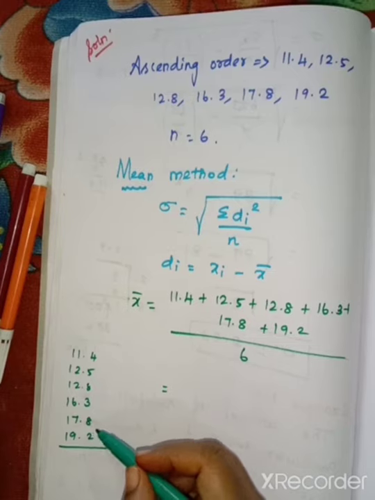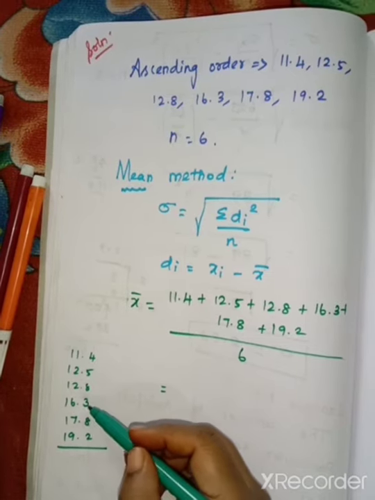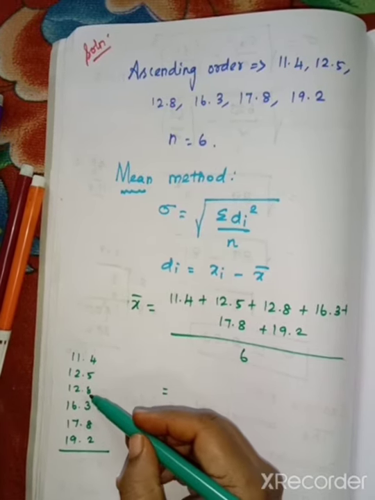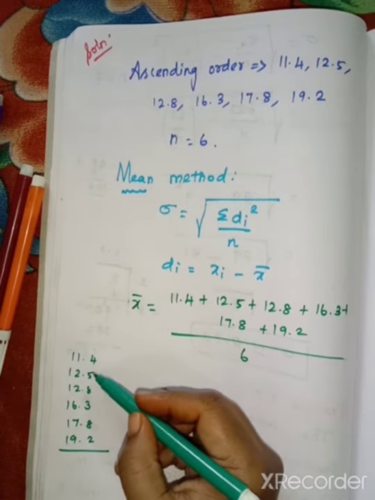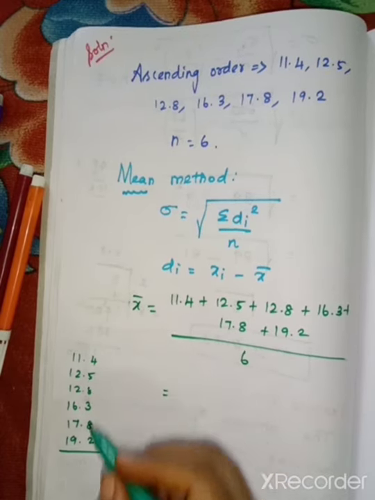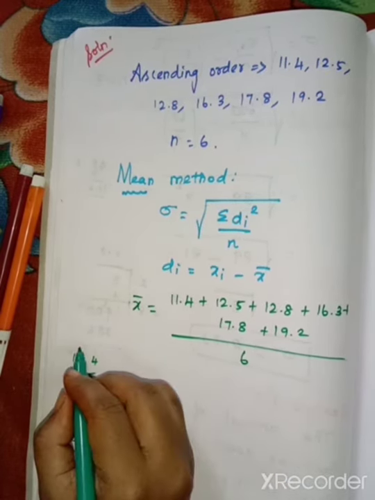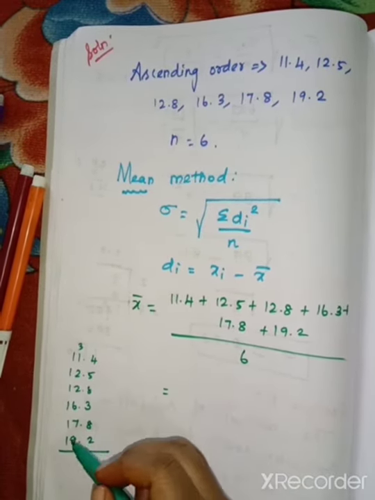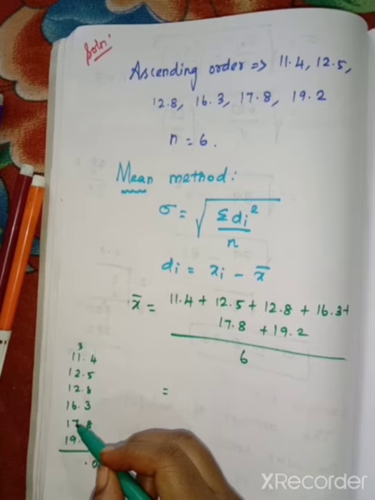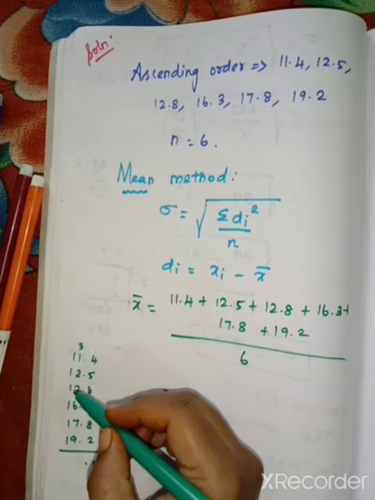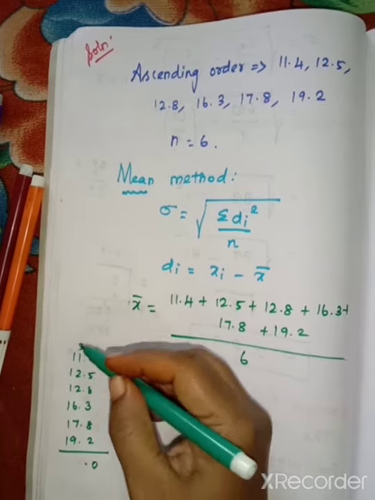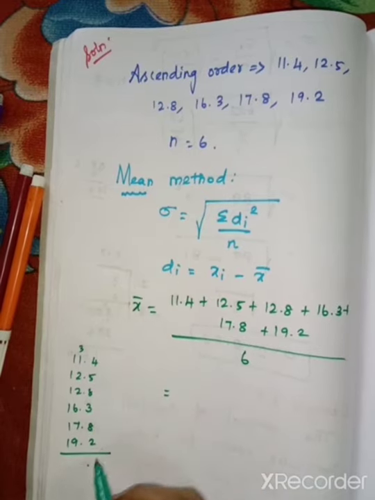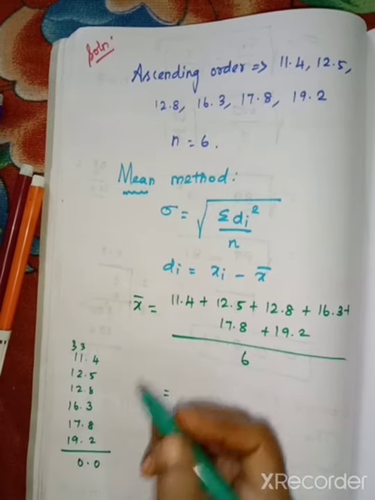So 11.4, 12.5, 12.8, 16.3, 17.8, 19.2. If we add the decimal digits: 8 plus 2, 10, 10 plus 3, 13, 13 plus 8, 21, 21 plus 5, that is 26, 30. The remaining 3 we keep as carry. Now add the next column: 9 plus 7, 16, 16 plus 6, 22, 24, 26, 26, 27, 30, balance 3.